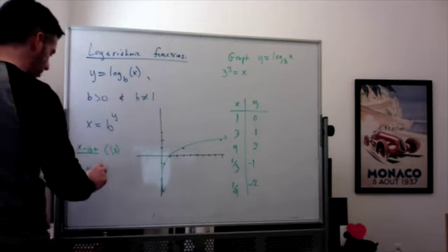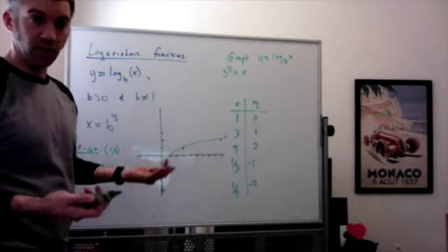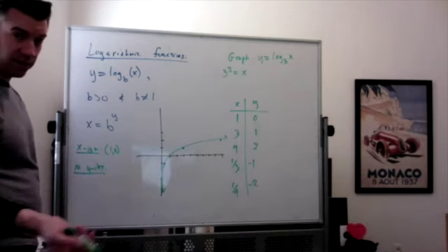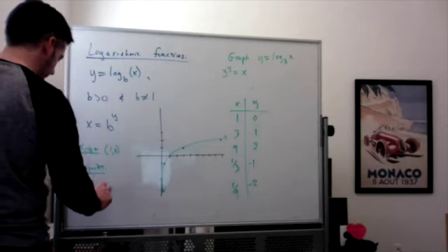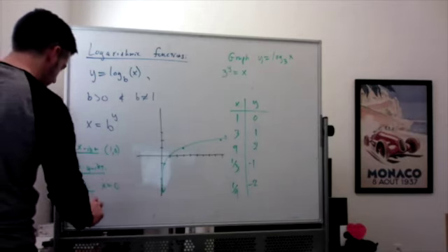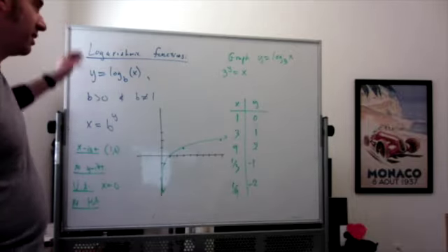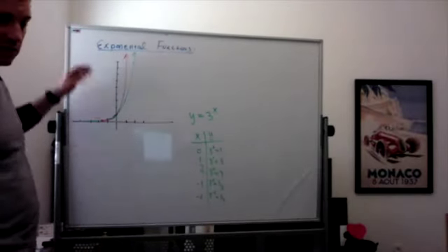You can't have a y-intercept because we can't take a log of 0. We know 0 is not in the domain. Instead of a horizontal asymptote like before, we have a vertical asymptote, x equals 0. And we have no horizontal asymptote. So it's essentially all of the stuff for the exponential function, but all interchanged.